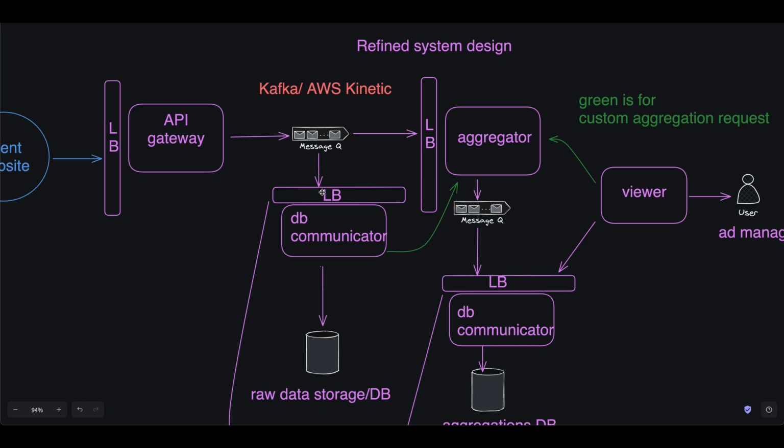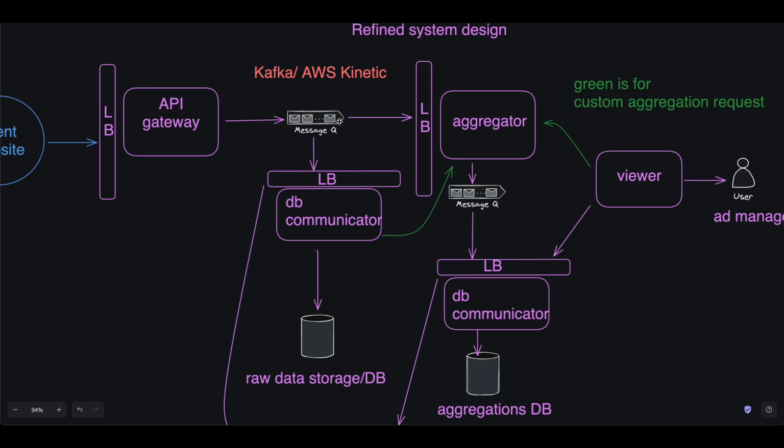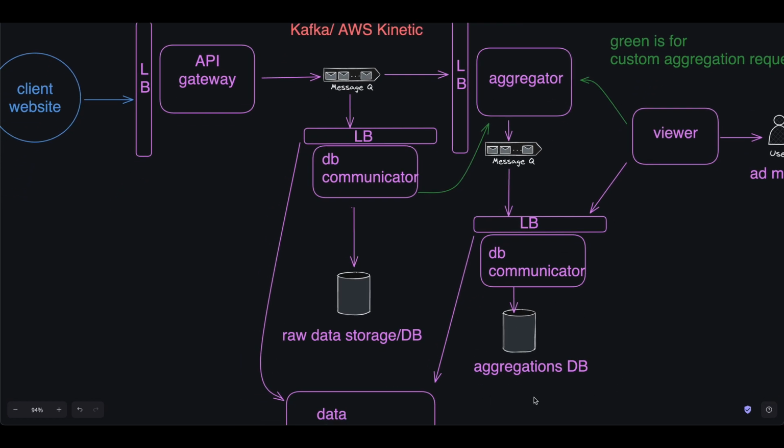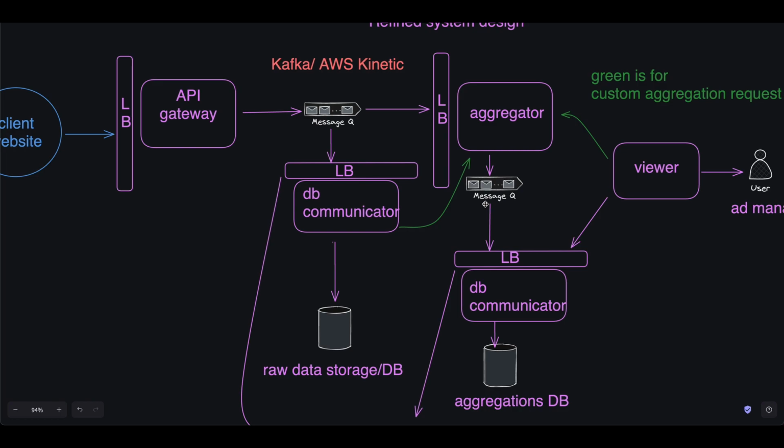One pass is going to be storing raw data, and another pass is to work on the stream, near real time, because we are getting events and we aggregate them right now, right there, and put them in the aggregation database.